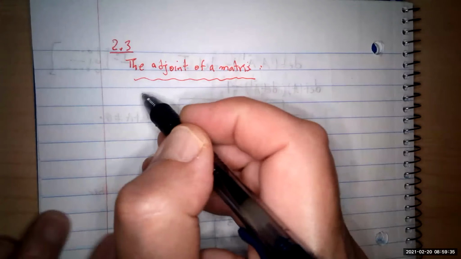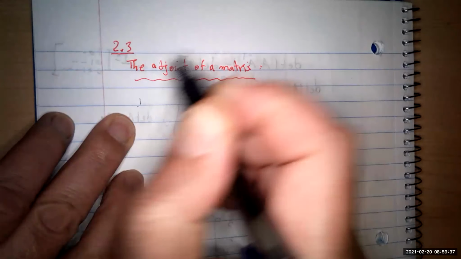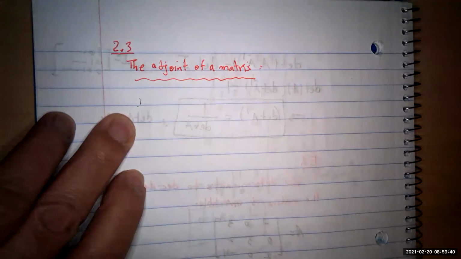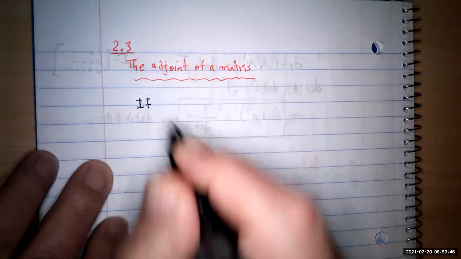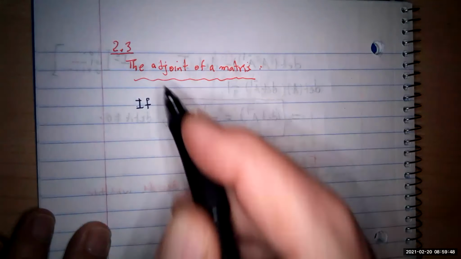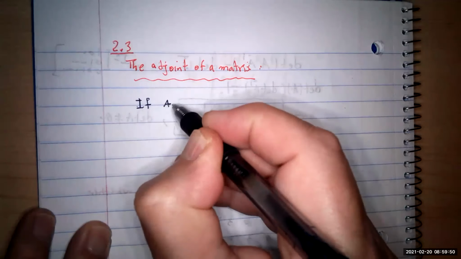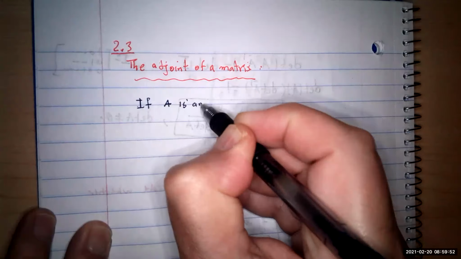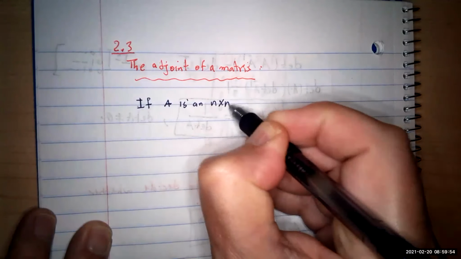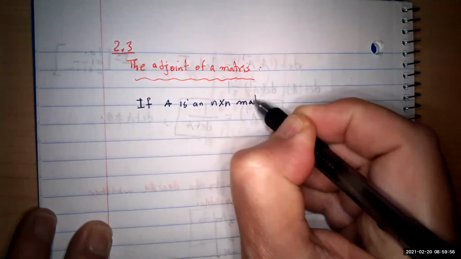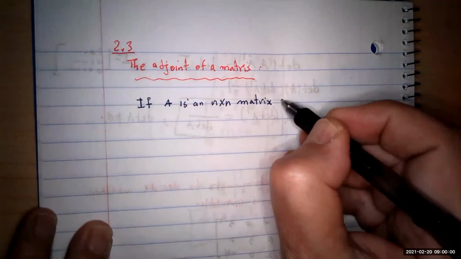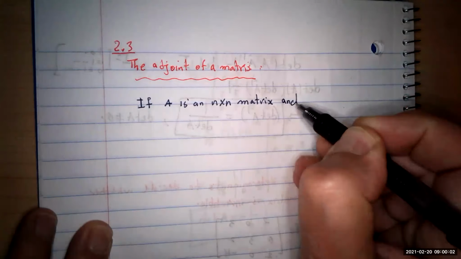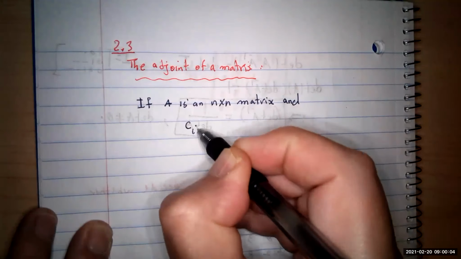Okay, if we have an n by n matrix, so if A is an n by n matrix, and remember the cofactors, we denote by Cij.